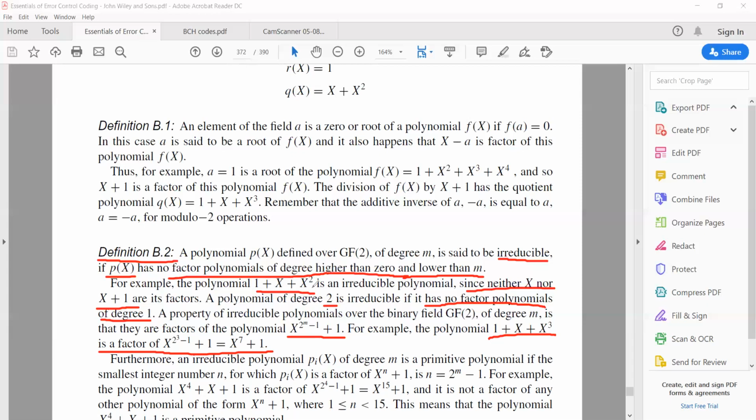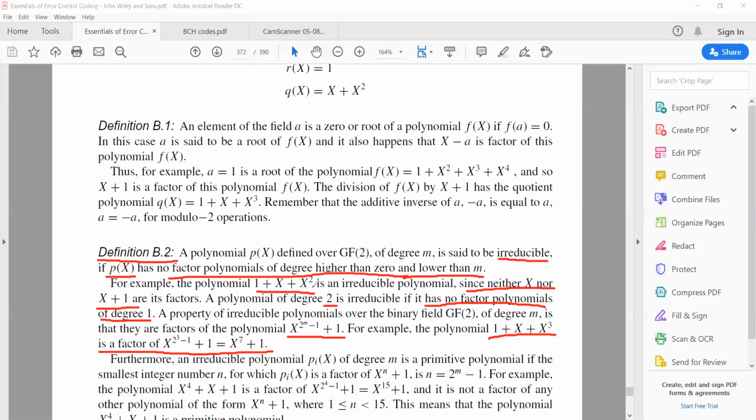Okay. In case of x to the power 7 plus 1, it possesses a factor polynomial of degree less than 7. That is, 1 plus x cubed is a factor polynomial of degree 3, which is less than 7. So that's why 1 plus x cubed is an irreducible polynomial of x to the power 7 plus 1.